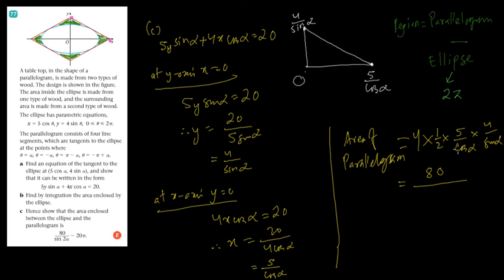By using the double angle formula, 2 sine alpha cos alpha can be rewritten as sine 2 alpha. So we have found the area of the parallelogram. Therefore area of region that we are looking for is area of the parallelogram, 80 divided by sine 2 alpha, minus the area of the ellipse, which is 2 pi. We found it before, and this is shown.